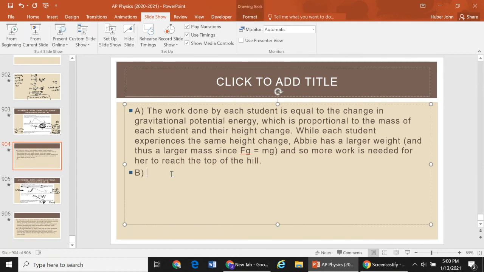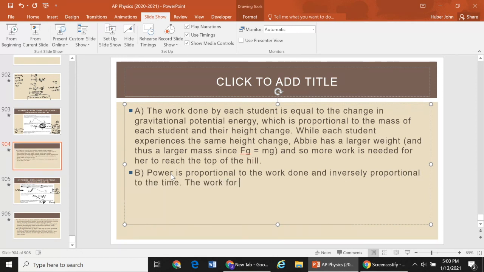We could say power is proportional to the work done and inversely proportional to the time. The work for Abby is greater by a factor of 1.4.